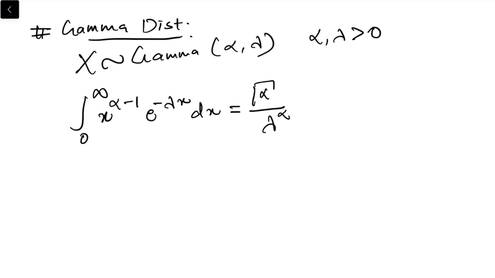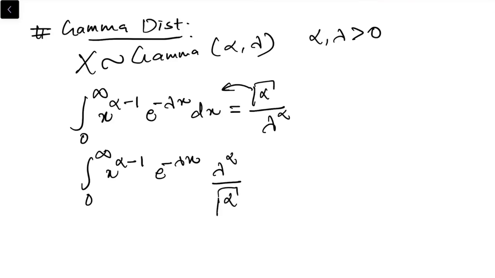Now here let's bring this term to the left side. So this is the integral from 0 to infinity of lambda to the power alpha divided by gamma alpha, times x to the power alpha minus 1 e to the power minus lambda x dx, and this is 1, right?